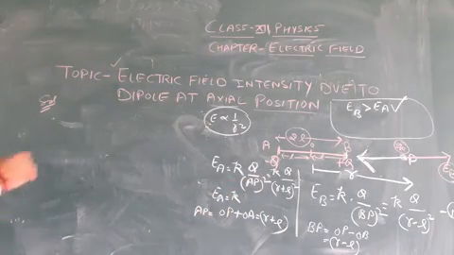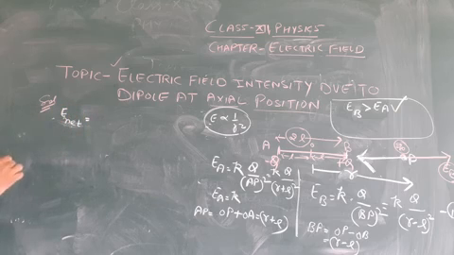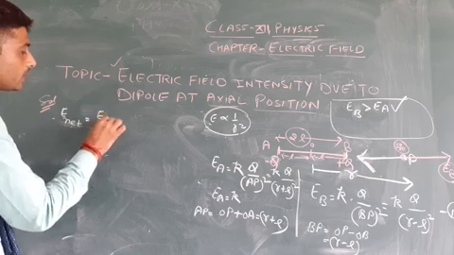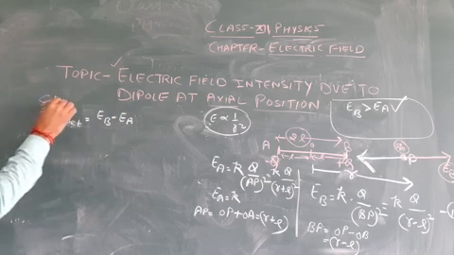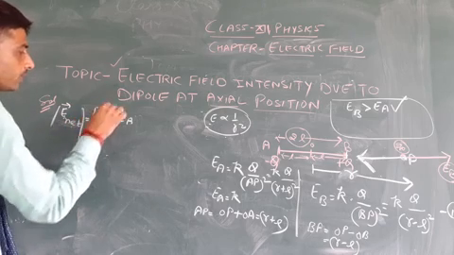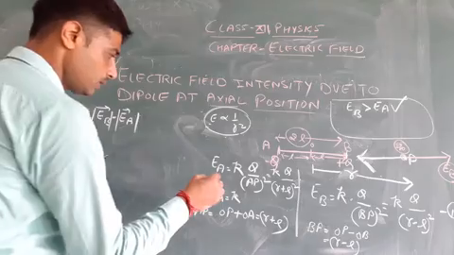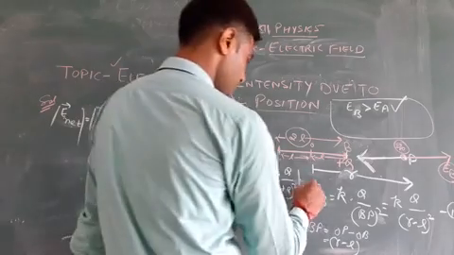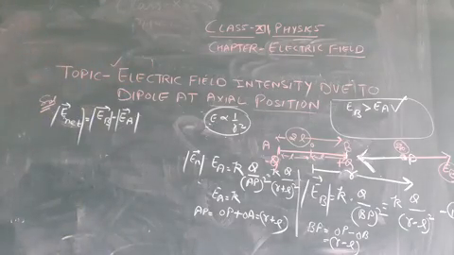It means E net equals EB minus EA. Or you can write the magnitude of net intensity is equal to the magnitude of EB minus EA. This is the magnitude value of intensity. Clear?